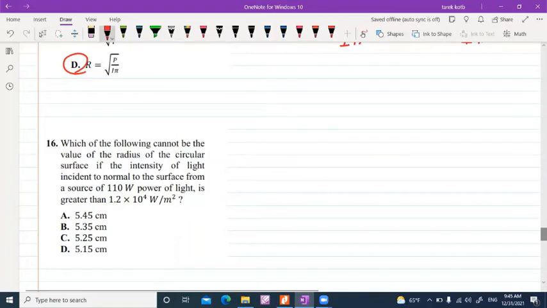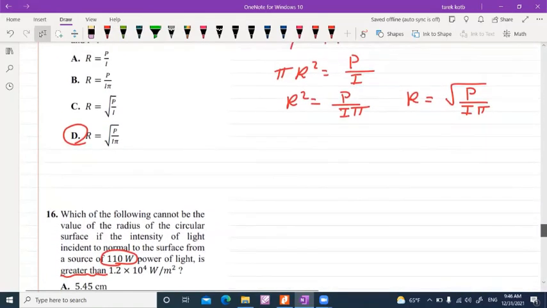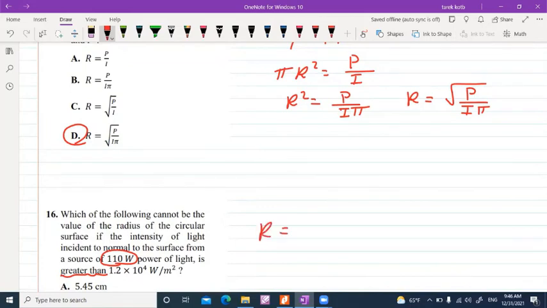Again, the question is saying the power is 110 and the intensity is greater than 1.2 times 10 power 4 in watt per meter square. Let's go back to the rule. The rule is saying that the R equals the square root of P over I times pi, or pi times I.